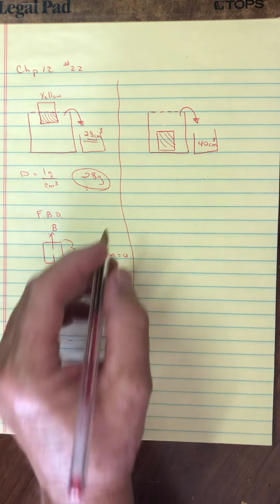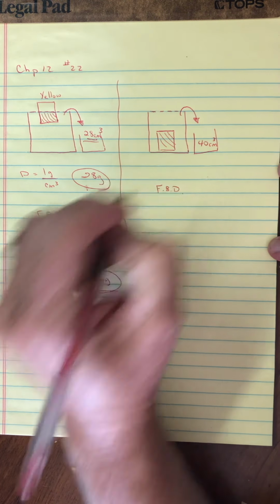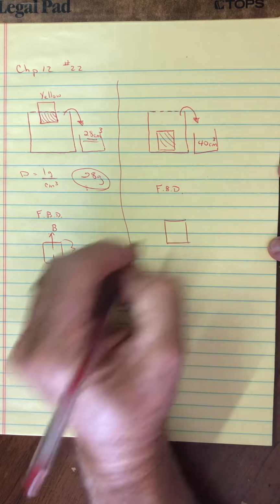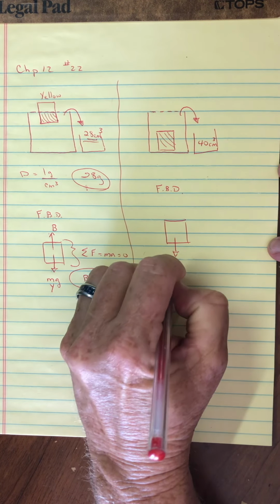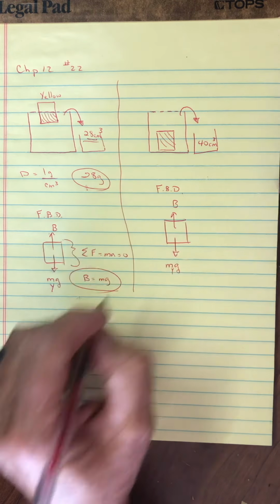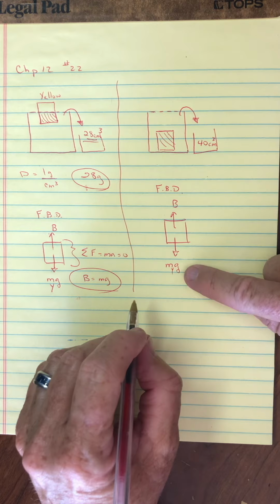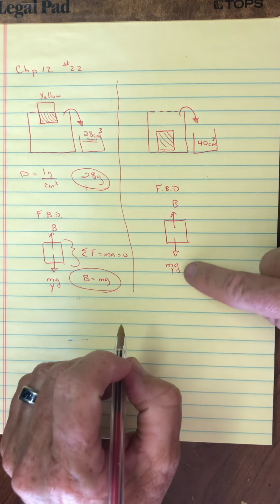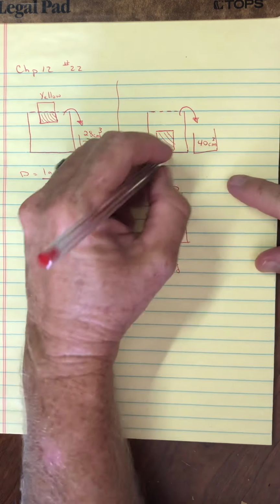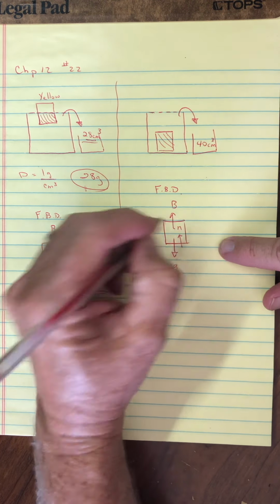So what's happening here is if you do a free body diagram, you'll have of course the weight, mg, and I'll put a little y. You'll have the buoyant force. But clearly, the fact that it sunk tells me that the buoyant force was not enough to overcome the weight, and so the buoyant force was less than the weight, which is why now when it sits on the bottom, there would be another push with a normal force.